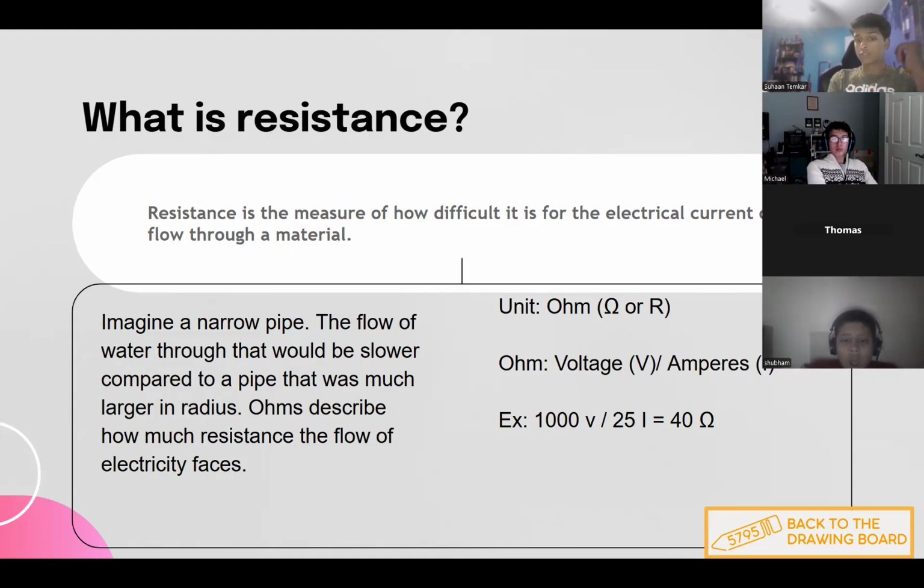So things like ohms, right? Ohms is the unit of measure for resistance, and that describes how much resistance the flow of electricity faces. If you remember back to our Arduino unit, our microcontrollers unit, I showed you some Arduino boards, the Tinkercad, and you messed around with that as well.